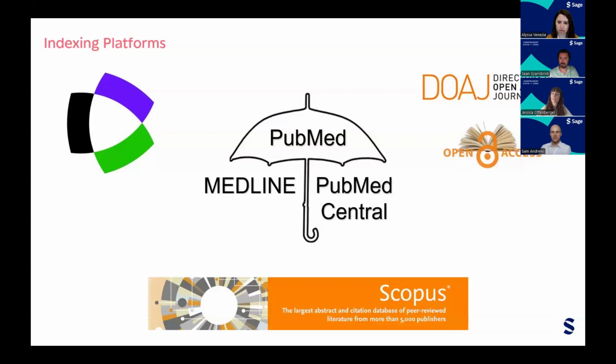PMC is a more recent addition to the PubMed portfolio and was created when open access started to become a more popular publication model. Unlike most abstracting and indexing, or A&I, services, as you'll hear us talk about today, PMC allows viewers to read the full text version of an article that is indexed there. These articles can be placed under an embargo of up to 12 months, depending on the agreement.